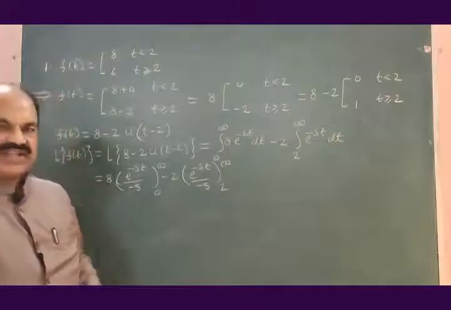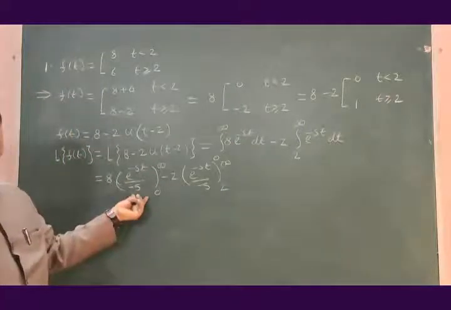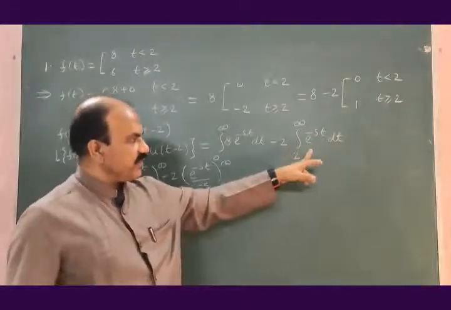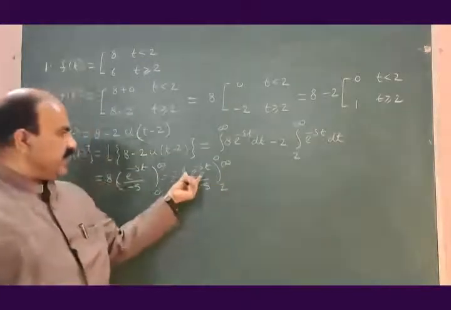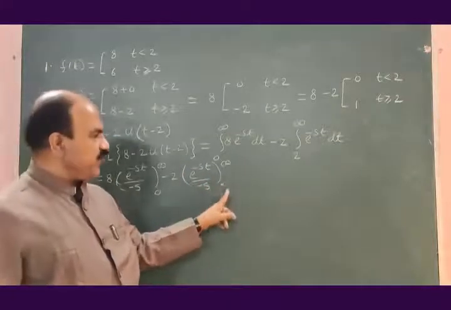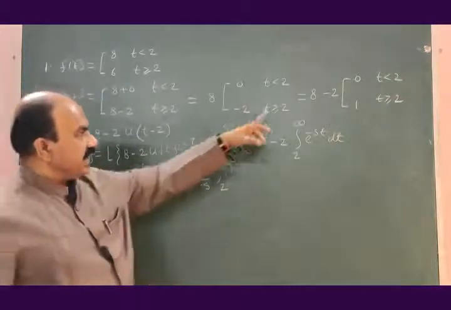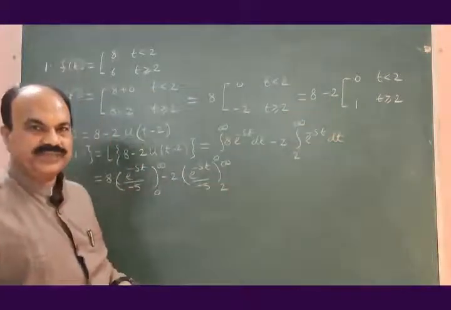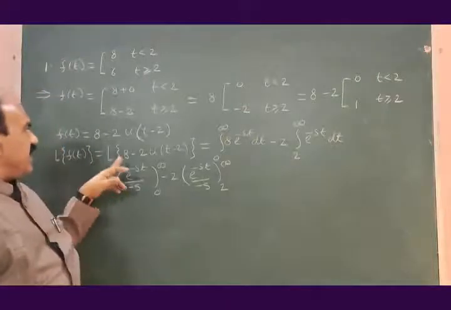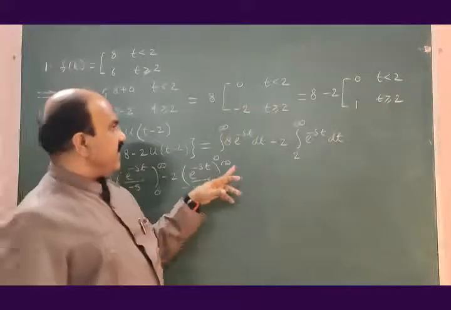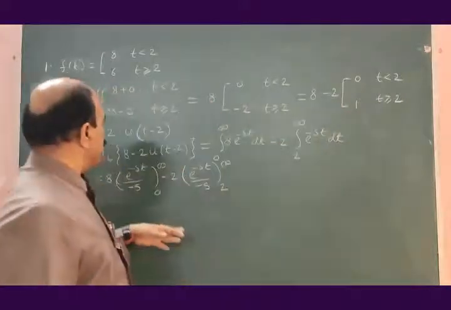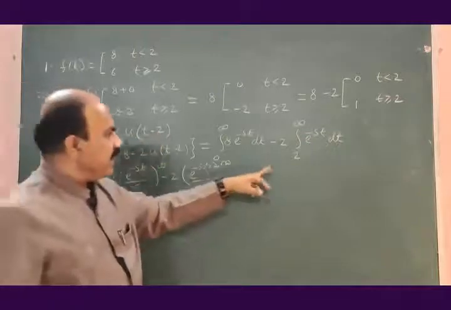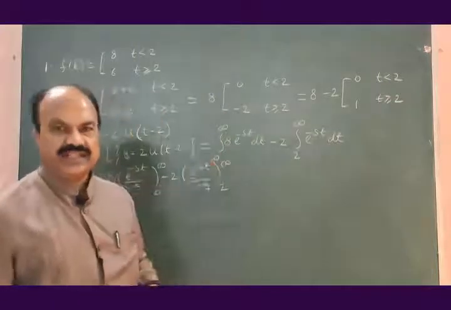Integration of e to the power minus st is e to the power minus st by minus s, limits 0 to infinity, minus 2 times the integration of e to the power minus st by minus s, limits 2 to infinity. 8 is not part of this unit function, so the limits taken for it are 0 to infinity, whereas this is corresponding to u of t minus 2. The limit starts from 2 and therefore 2 to infinity limit is taken.